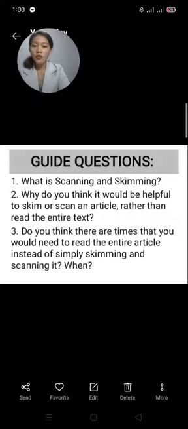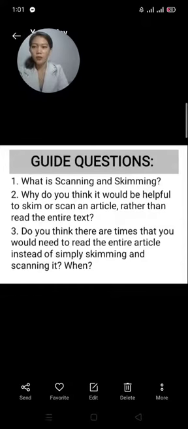Why do you think it would be helpful to skim or scan an article rather than read the entire text? Do you think there are times that you would need to read the entire article instead of simply skimming and scanning it, and when? Those questions will be answered as we go on with our discussion for today.